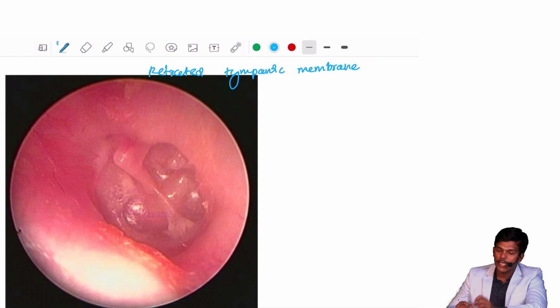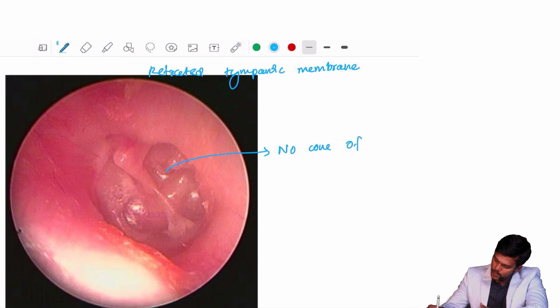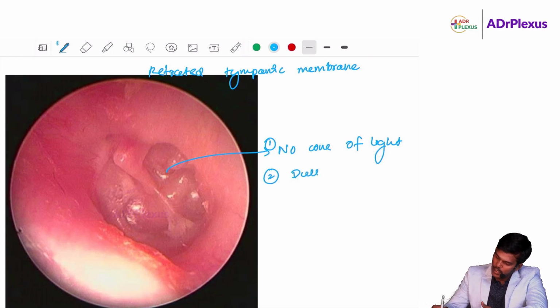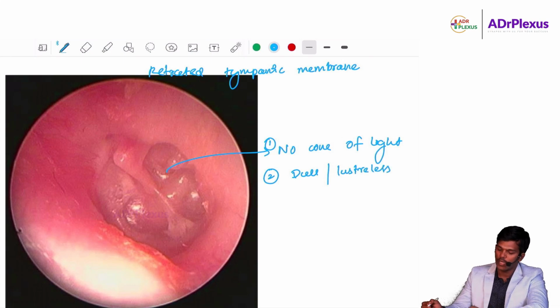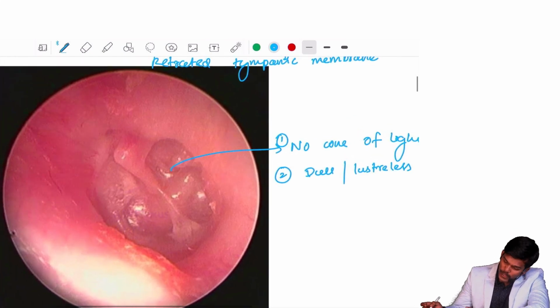So what are the signs of a retracted TM? When comparing with the normal tympanic membrane, first of all, no cone of light is present. Then it is dull and lusterless. Then there will be a prominent malleus.